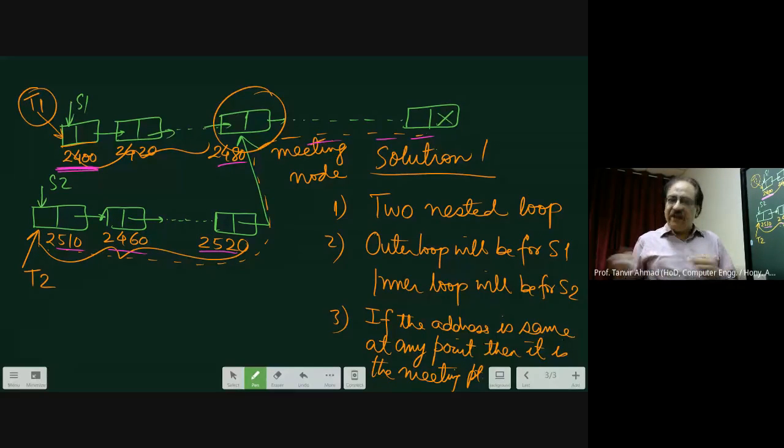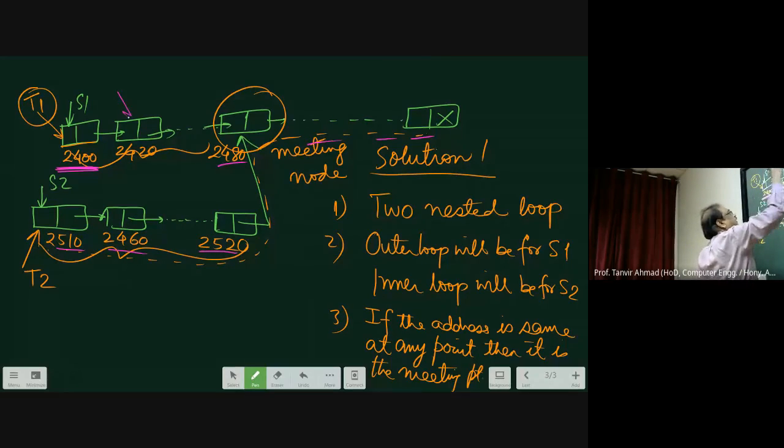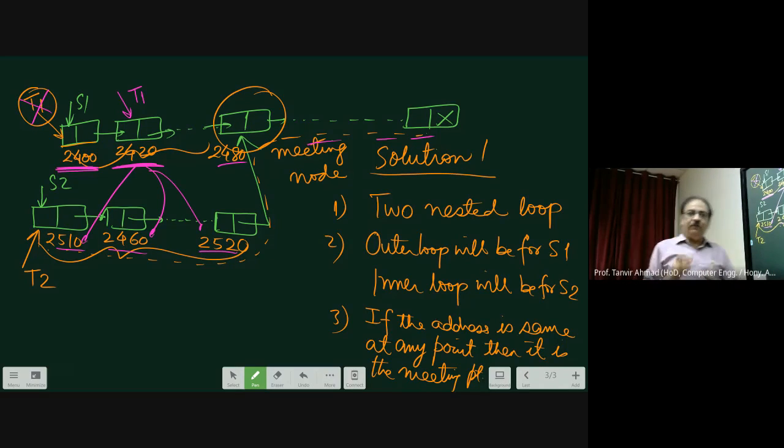If it reaches the end, I now point T1 to this place. And now I compare 2420 with this, and keep on doing. I compare 2420 with 2460, 2420 with 2520, 2420 with 2480, and keep on doing until the end.